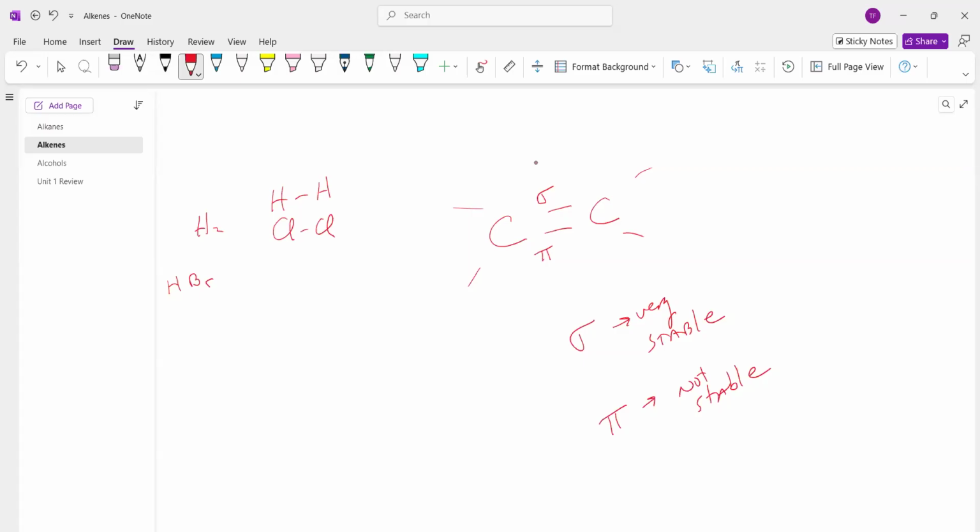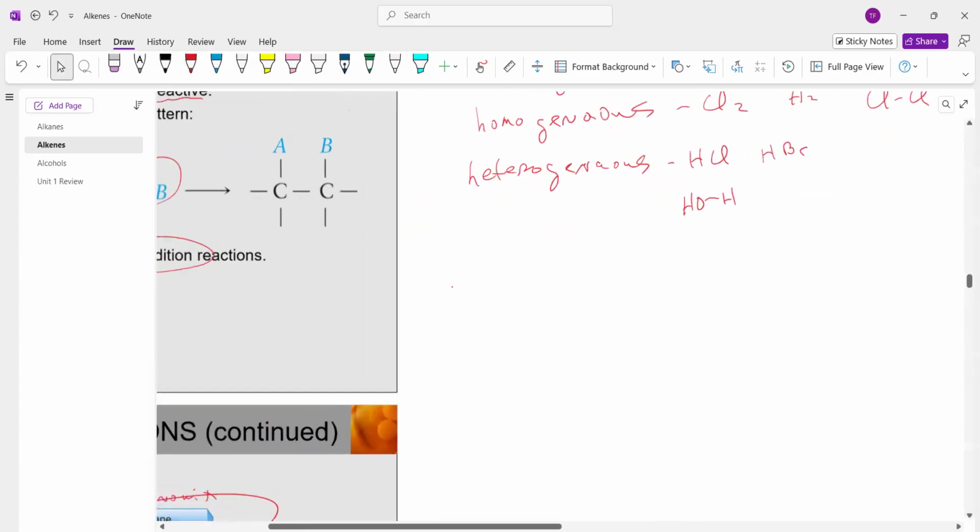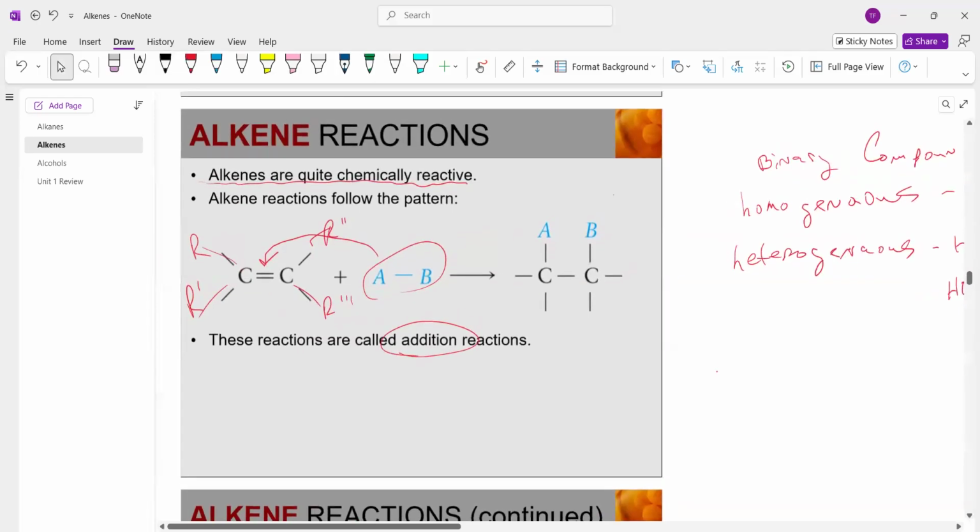So whenever we react a double bond, the pi bond goes away, leaving us with sigma. And that's a stability thing again. So we have a double bond, then a single bond, and this is the sigma bond.